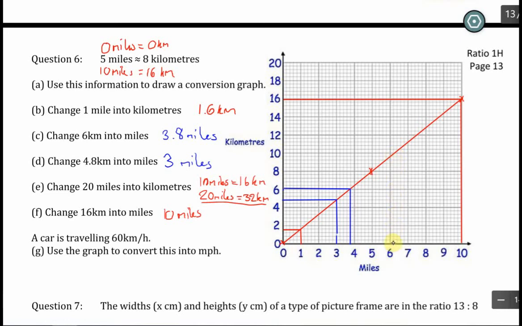So timesing by 6, 6 times 6.2, that would give me 37.2, I think, miles. Okay, let's try that. Whereas if I used 15 kilometers, let's have a look, see what I'd get.